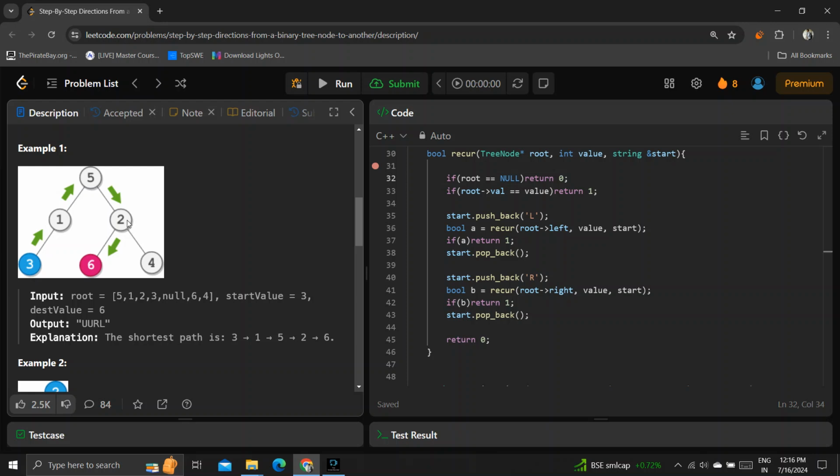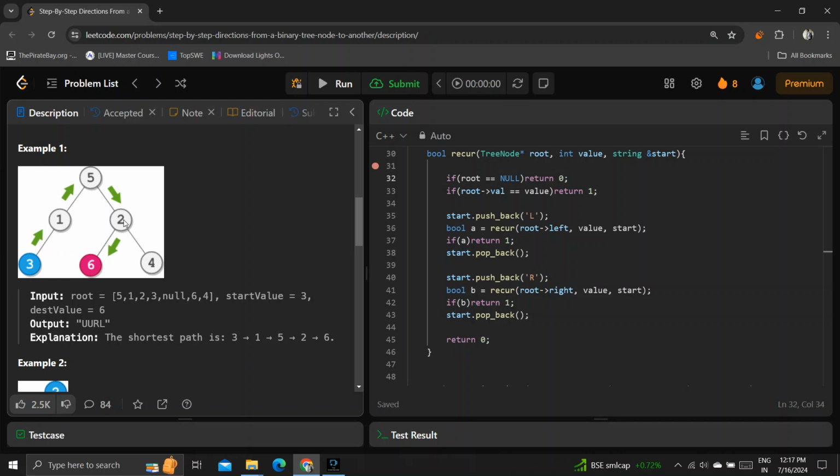We know the start and destination definitely have to move through this. We will find first the start string from 2 to 6, and then the destination string from 2 to 4.